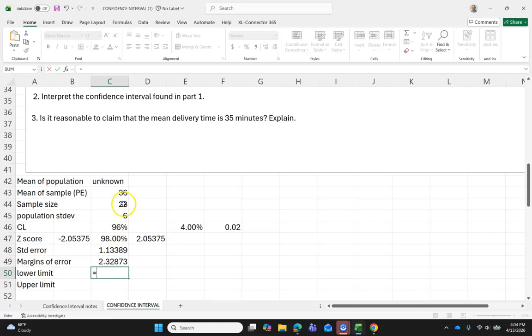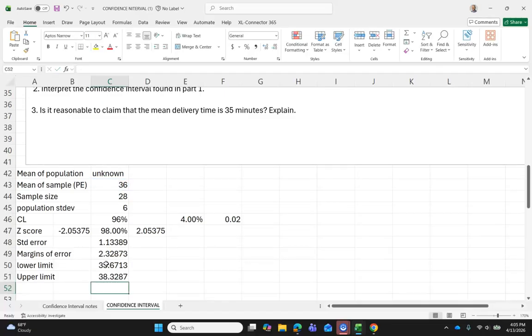So I'm going to click on the point estimate, which is 36, minus our margin of error, and so we get 33.67. And our upper limit will be 36, which is the point estimate, plus the margin of error, and that one will give us the upper limit.